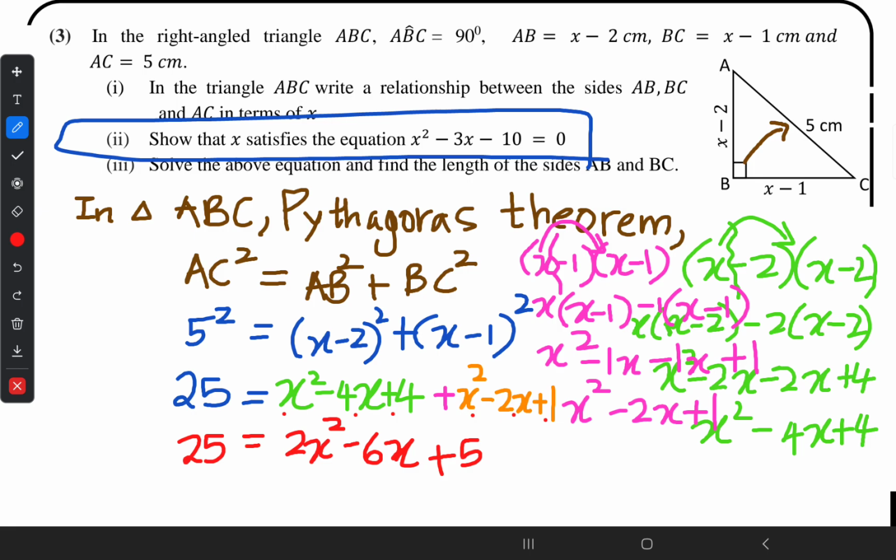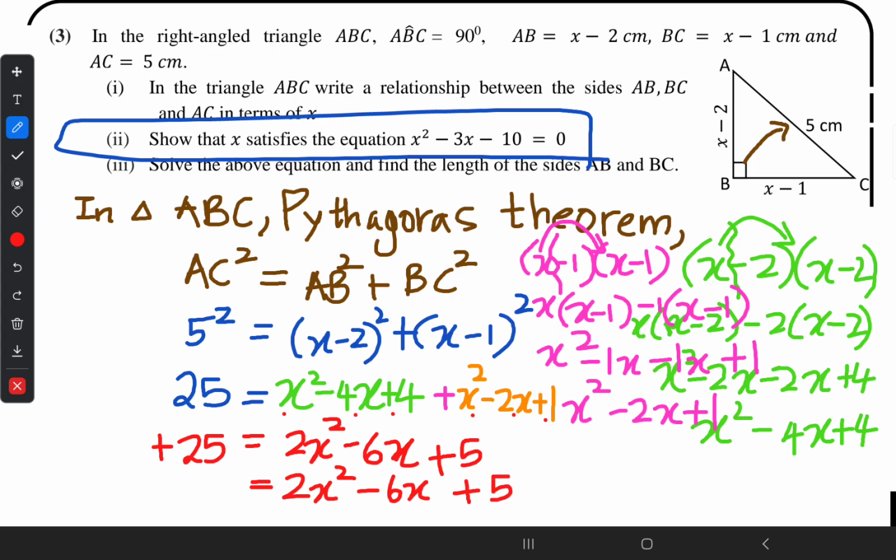Then let's bring all the numericals to one side. Here you can see all the values are located on one side of the equation. So I'll bring this positive 25 to the other side. So 2x square minus 6x plus 5.